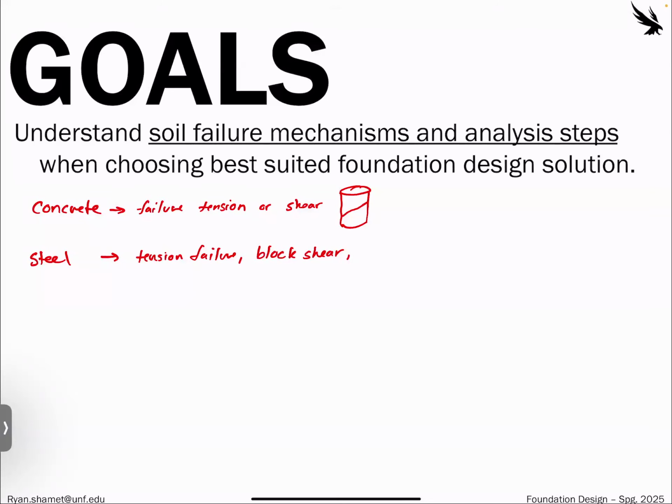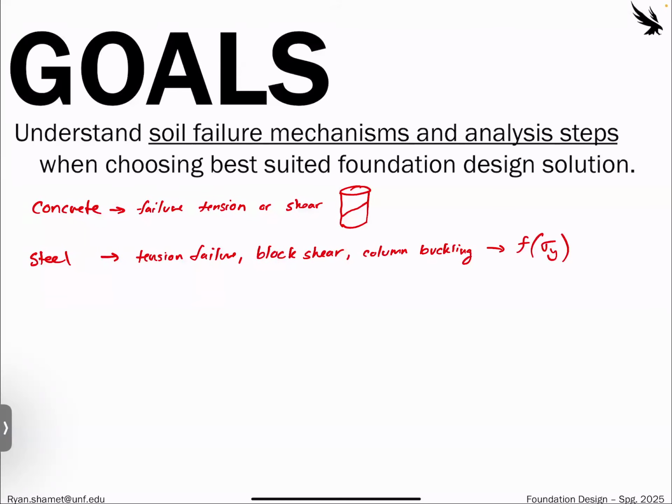We can have column buckling. And it gets a little intense, but really, a lot of this is just going to be a function of our yielding or the moment of inertia. Even in concrete, the max bending moment, you can kind of boil it down to this material property here.